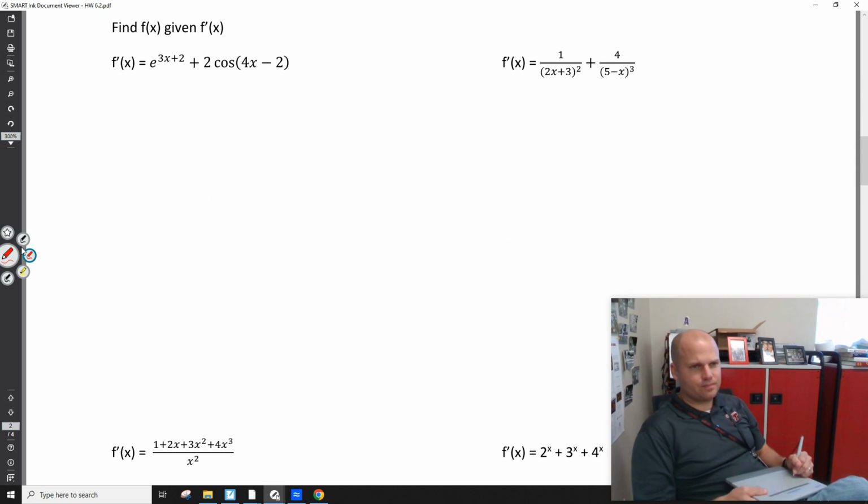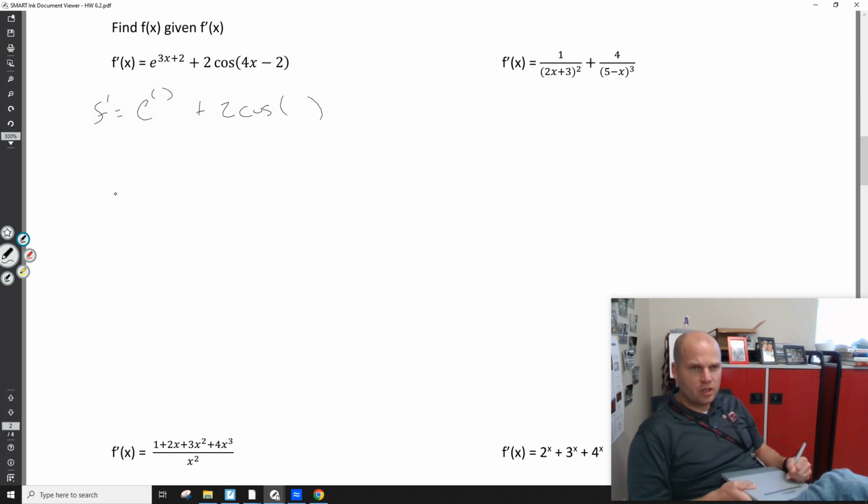All right, same deal. Find f given f prime. So I'm going to start with e to the parentheses and then 2 cosine parentheses. Antiderive the outside, antiderive the outside. Vegas, undo the derivative.